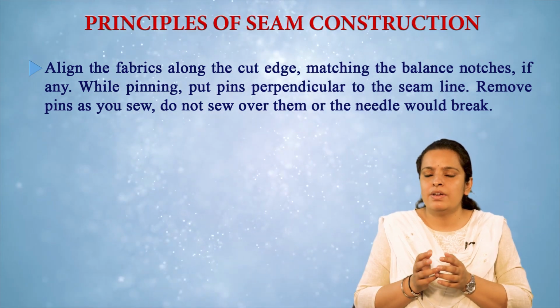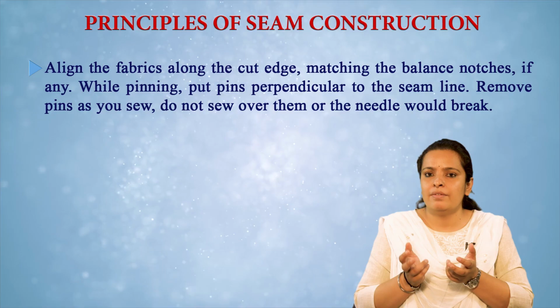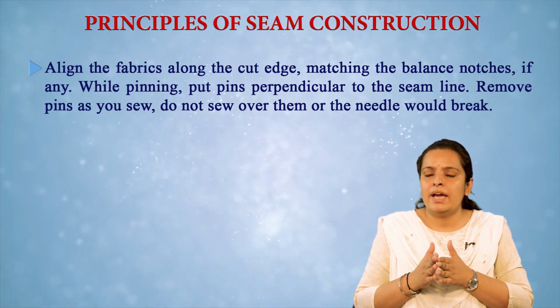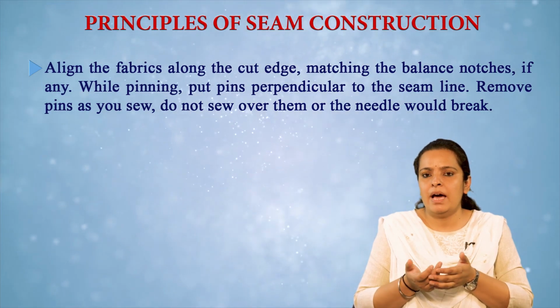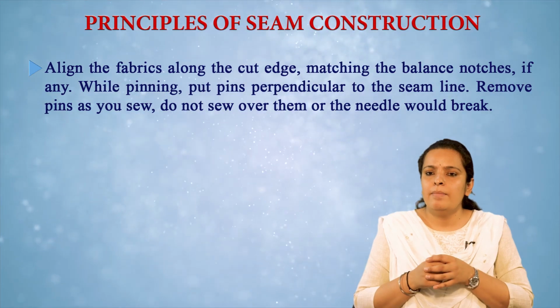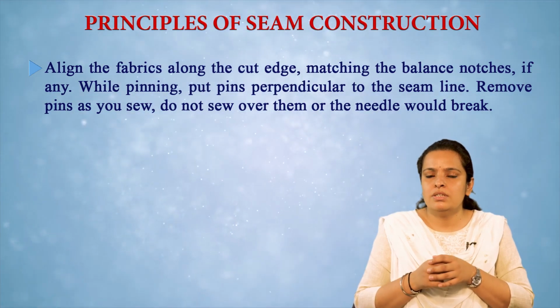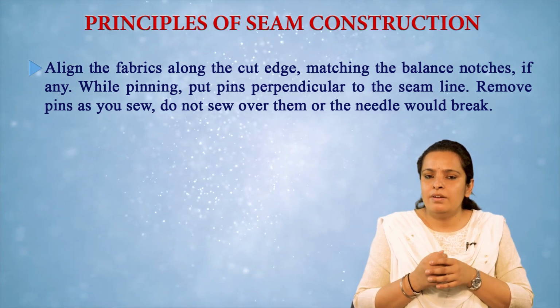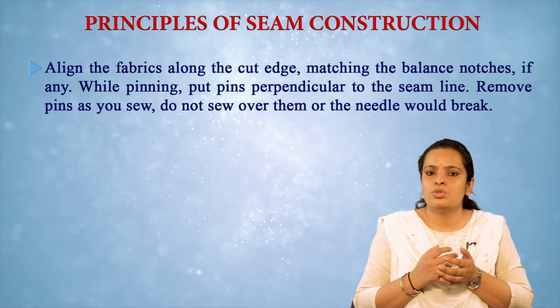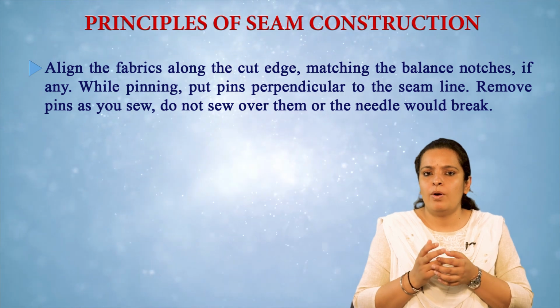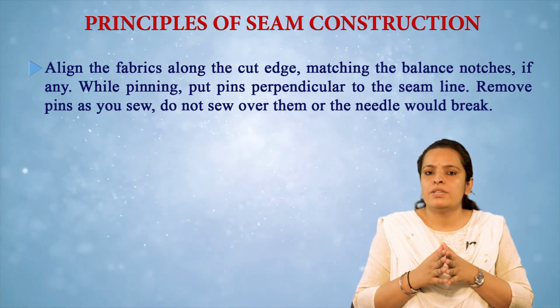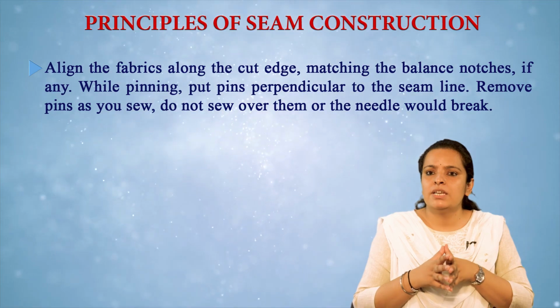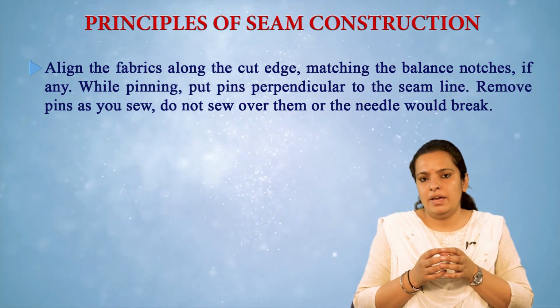If we have the armholes, we should align the front and the back armhole together. Then matching the balance notches. Notches we have discussed, it is a marking on the pattern which shows that from this particular point we have to join two pieces. So matching the balance notches, if any.